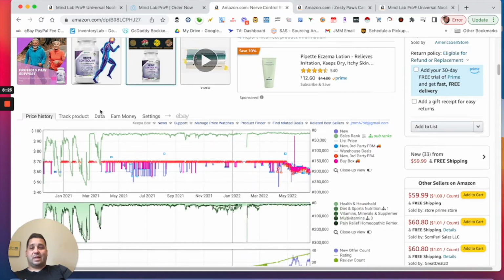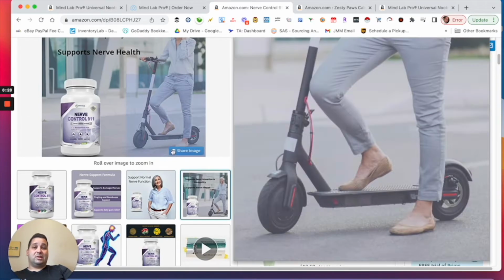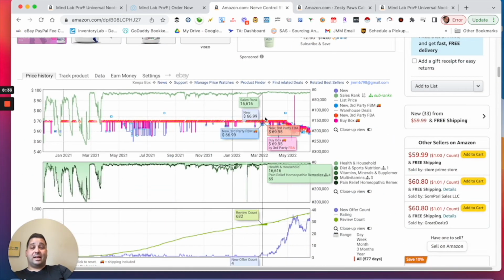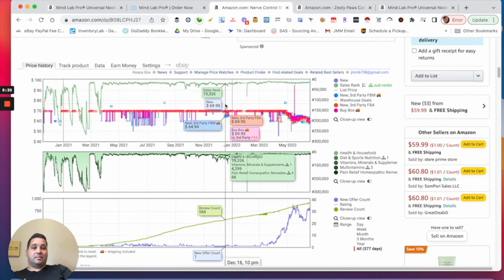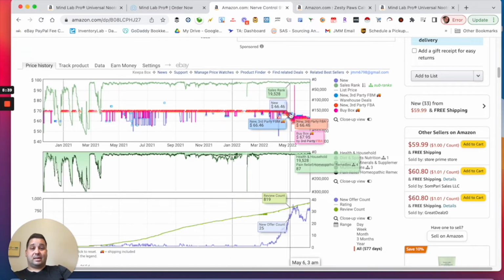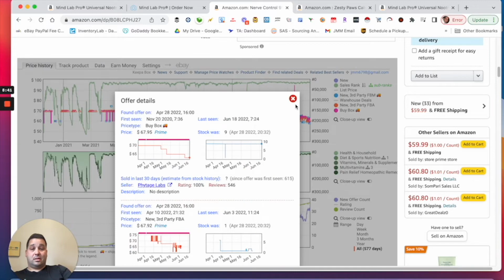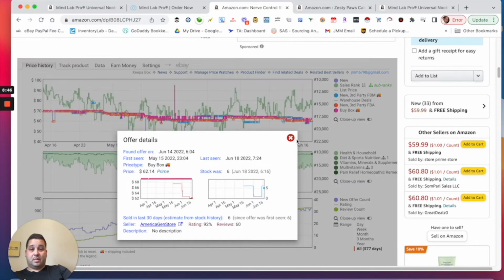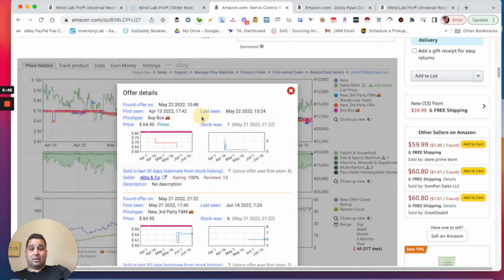A lot of supplement stuff like this is known to file IP complaints. So if the brand is on it, or was on it for a long time, they've only not been on it since... I wonder if they're still on it. Unless they're bringing it down, I doubt it.